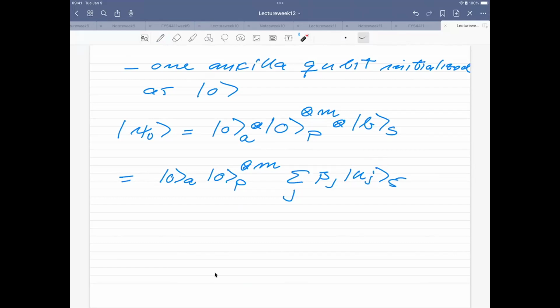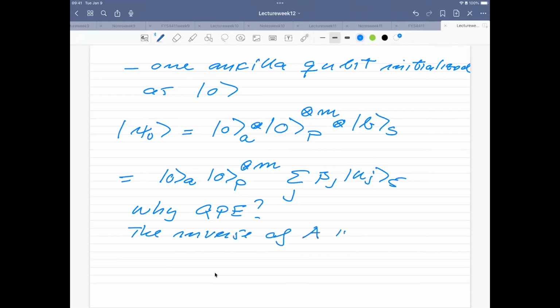So why do we use the QPE? That's an intermediate question which we should ask. Why the QPE? Now, one of the reasons is actually pretty simple: the inverse of A is not unitary.